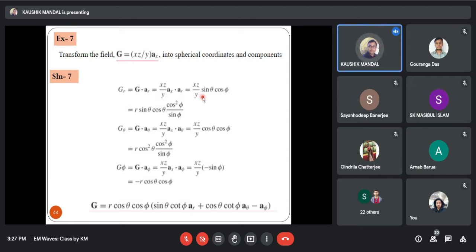You have to put three things. One is the ax dot ar. Another, you have to put the value of x, z and y in terms of the spherical coordinate system. In terms of the coordinate system, what is x, what is y, what is z, we have already discussed.